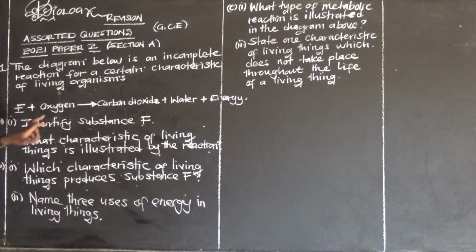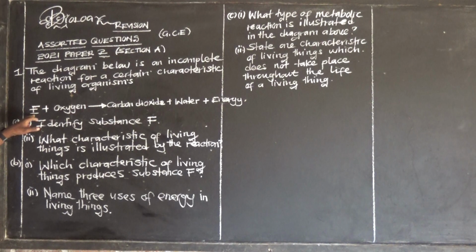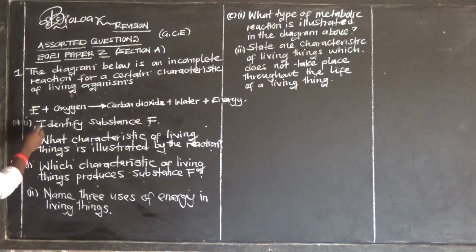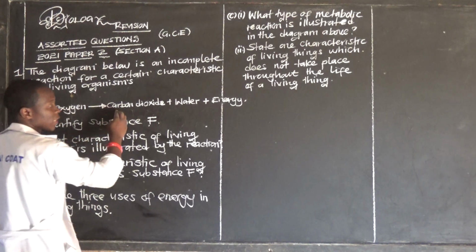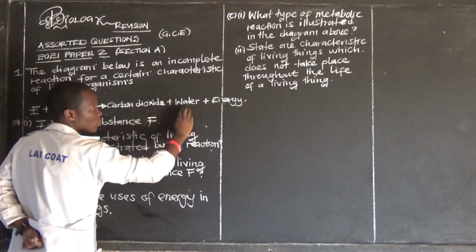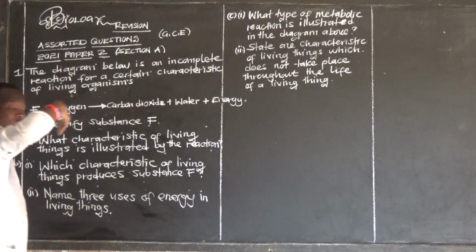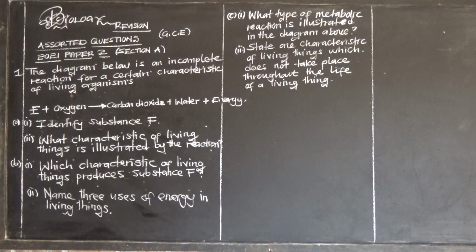Since we have oxygen plus this F, these are reactants. Remember in chemistry, a reactant is a substance needed for a chemical reaction to take place. Then these are products, carbon dioxide, water and energy. These are the substances which are produced during this chemical reaction.